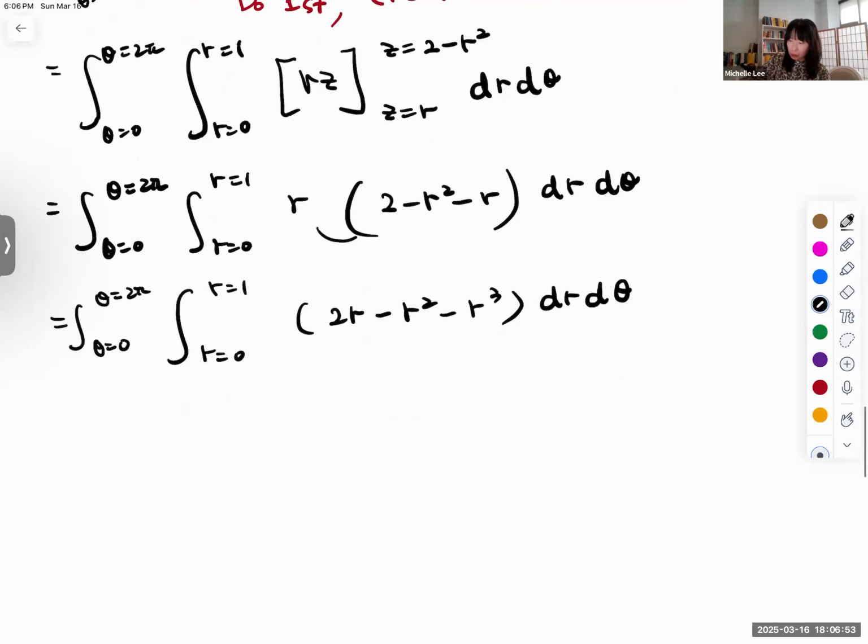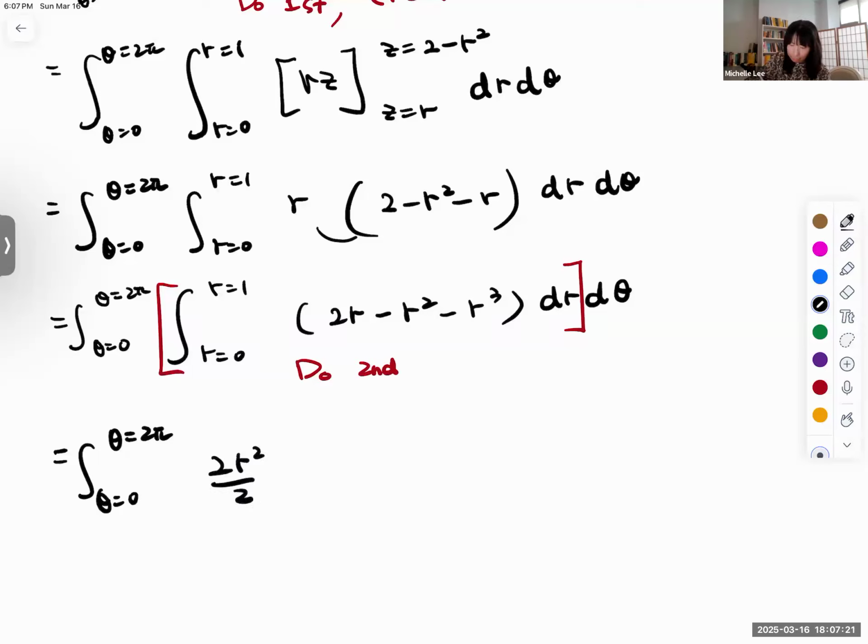Okay, now secondly we integrate with respect to r. And then there is nothing with theta, right? So I don't write down the treat, and so on. So we have theta equals 0 to 2 pi. Okay, so we integrate with respect to r, then we get 2r squared over 2 minus r to the third power over 3 minus r to the fourth power over 4.